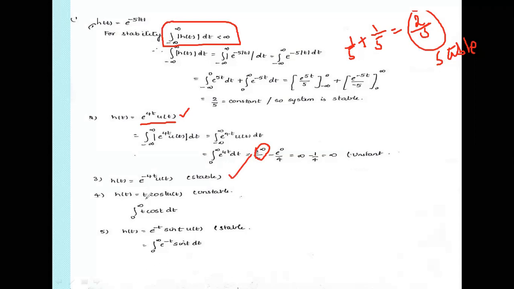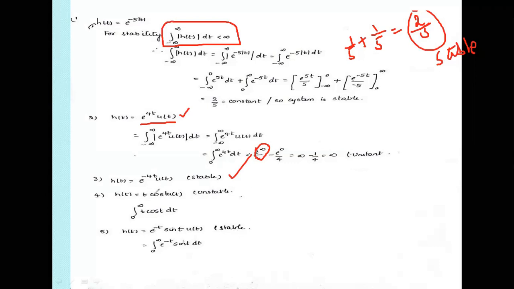Okay. And t into cos t mu of t. Definitely this is an unstable system only. And e power minus t sin t mu of t is a stable system.